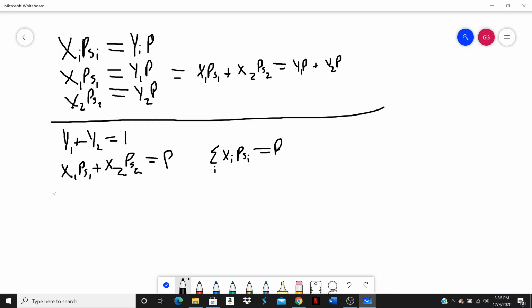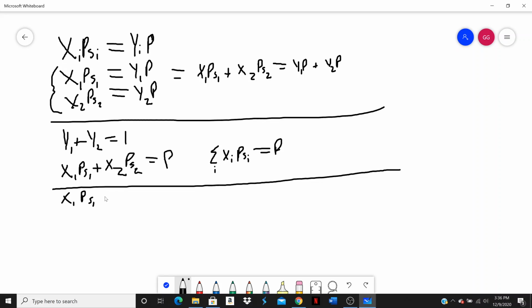And if we want to derive an equation for dew point, it's actually easier to go back to the split equations here. So if you have x1 ps1 is equal to y1 p, and x2 ps2 is equal to y2 p.